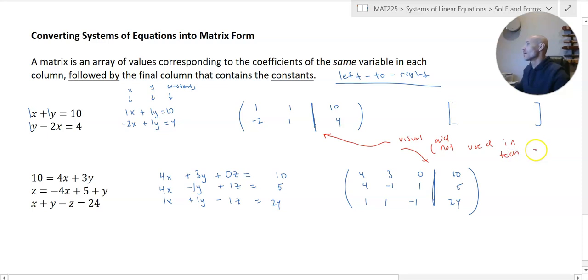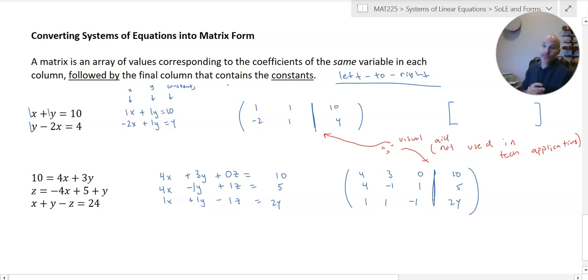You don't really ever draw that line. Like if you're using some sort of programming language or some sort of calculator, you're not usually going to see these. This is just there as a visual purpose. This kind of represents the equal sign, right? That's where the equal sign would be. And it's just, like I said, a visual aid that is not necessarily going to be there, but it helps to know that your constants are separated from your coefficients.